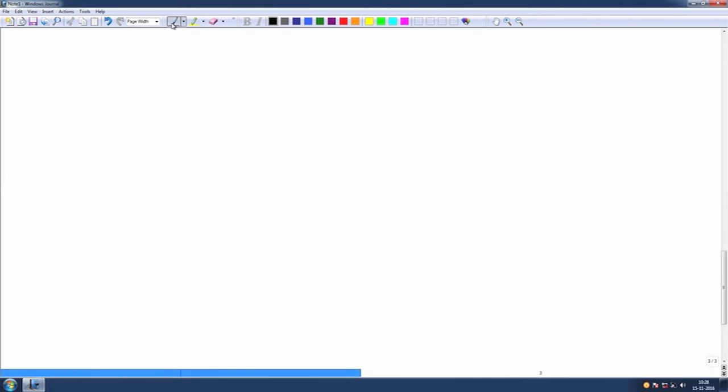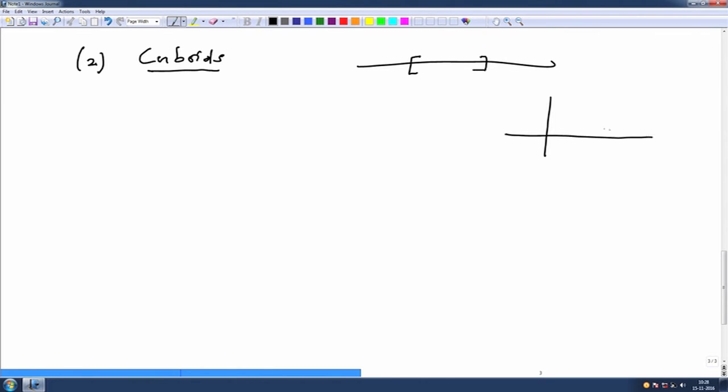Second one is cuboids. What are cuboids? For n equal to 1, the cuboids are just the closed interval. For n equal to 2, they are just rectangles. And more generally, for arbitrary n, cuboids I will denote by the symbol q.